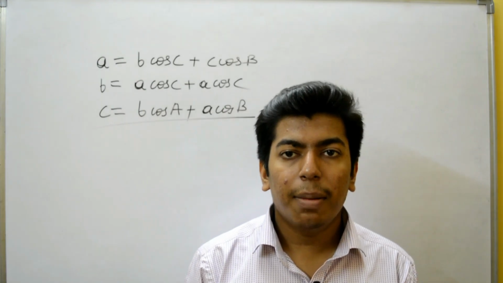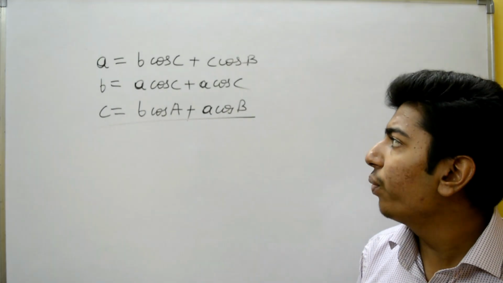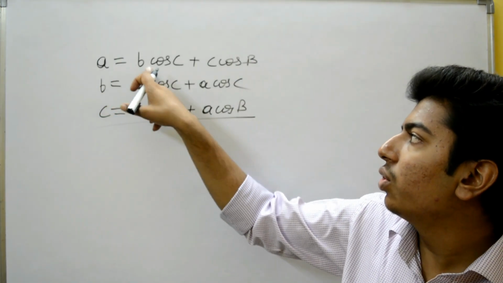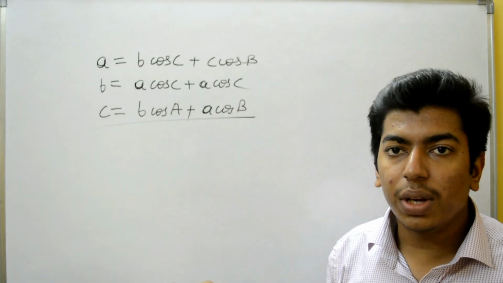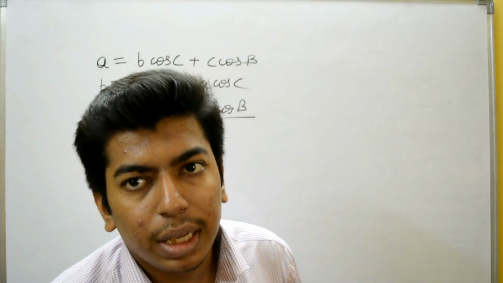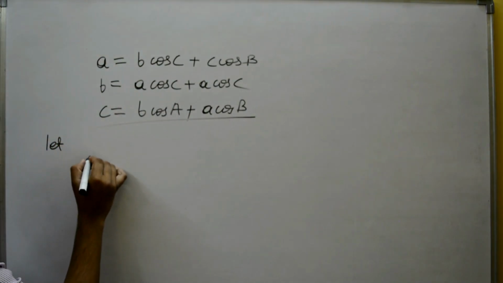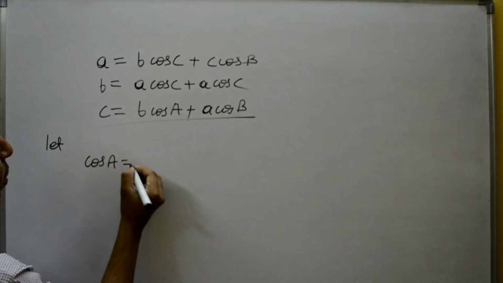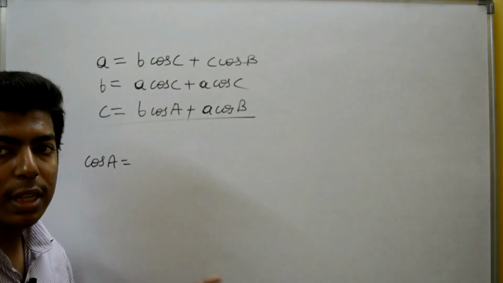In the board examination, the question will be to prove that A is equal to this, or B is equal to this, or C is equal to this. We have to prove that. The starting will be: in the previous session we learned the cosine rule.